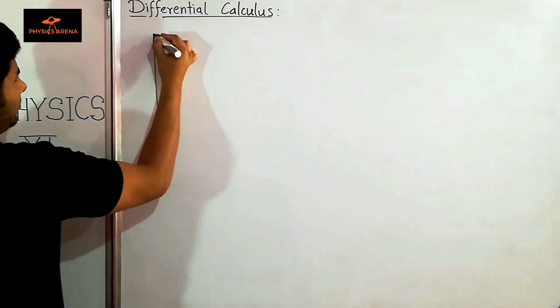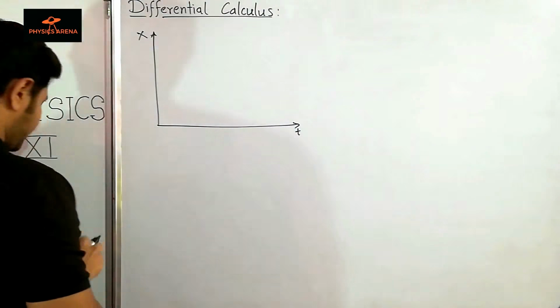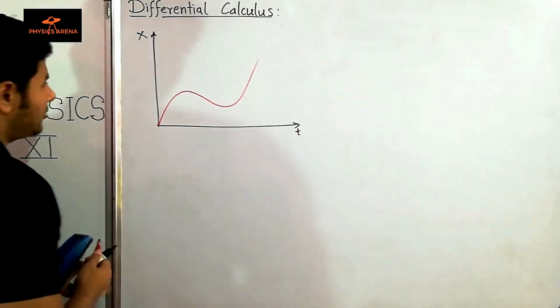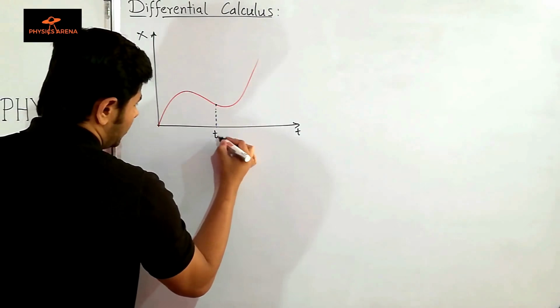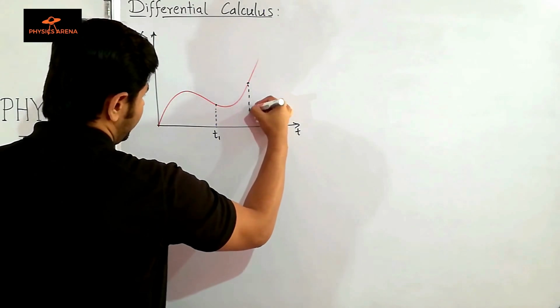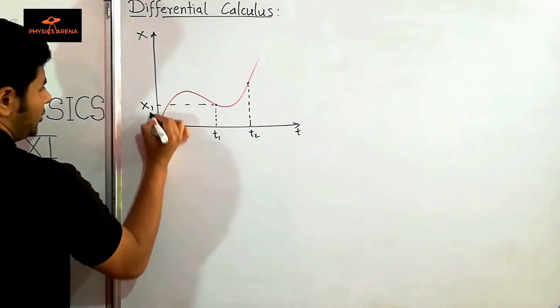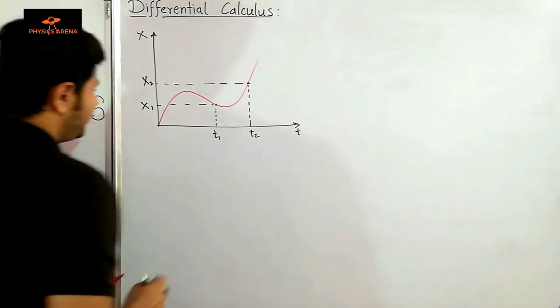Suppose we have this position versus time curve. Then you know how to find average velocity in a particular time interval. So suppose this is t1, this is t2. This is position at time t1, the position at time t2.